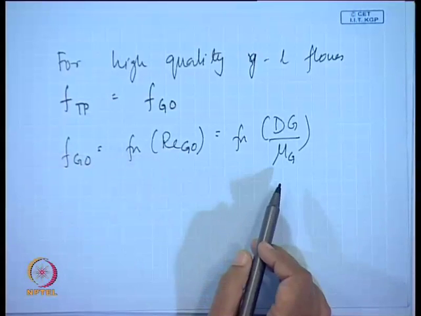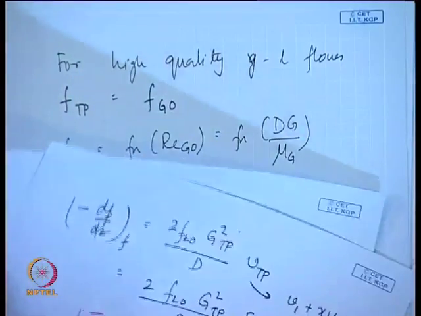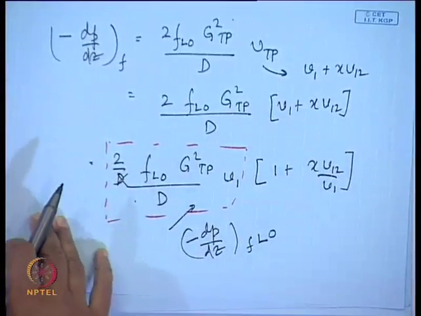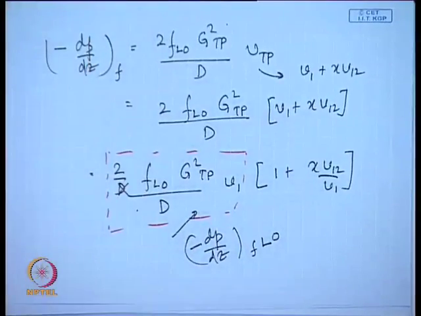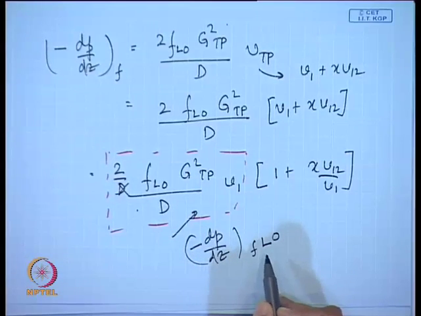Now, in the same way we can write down, agreed, but remember one thing, these two expressions are applicable only for high quality, or low quality vapor liquid flows respectively.